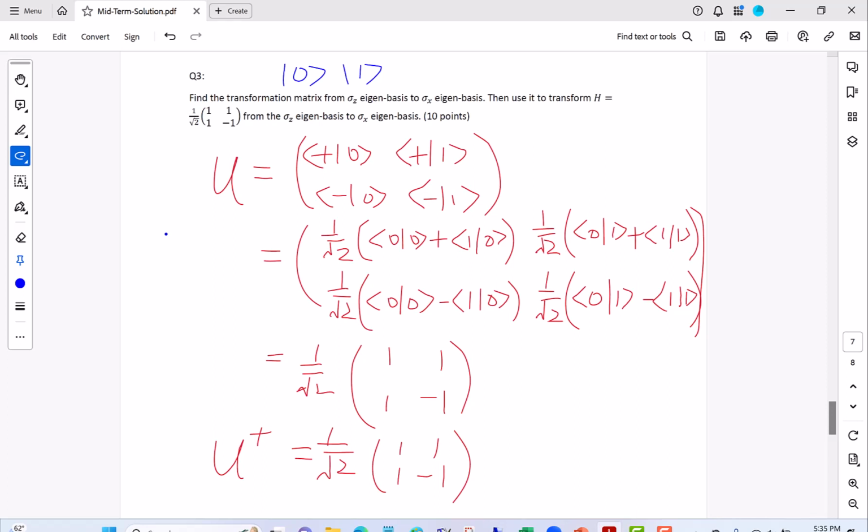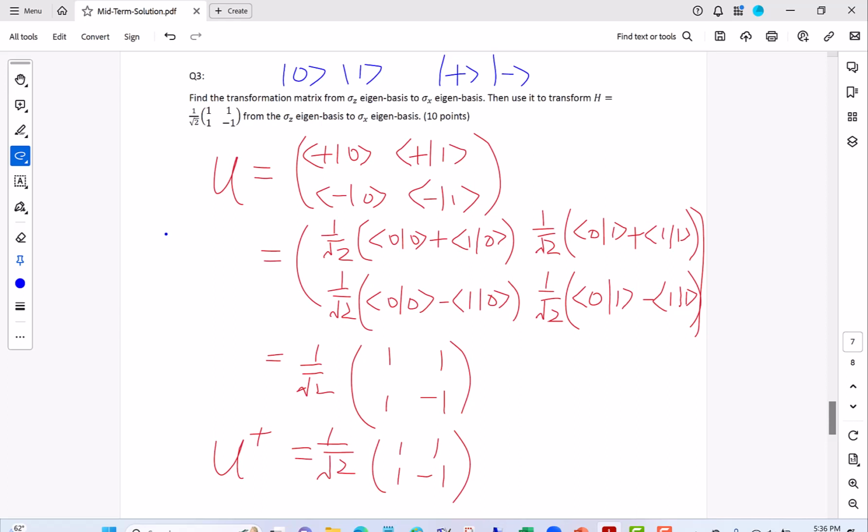The sigma x eigenbasis is the basis formed by plus and minus, because plus and minus are the eigenvectors of sigma x. So I want you first to form the transformation matrix that transforms a vector represented in the sigma z eigenbasis to be represented in the sigma x eigenbasis.